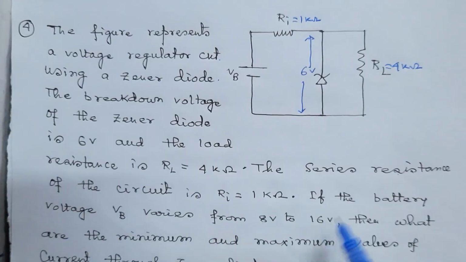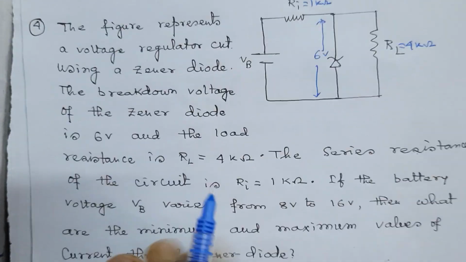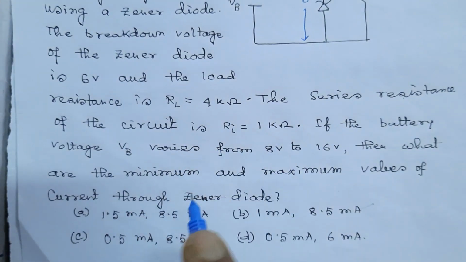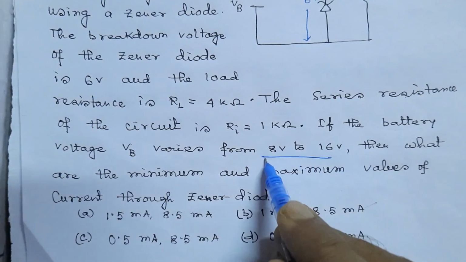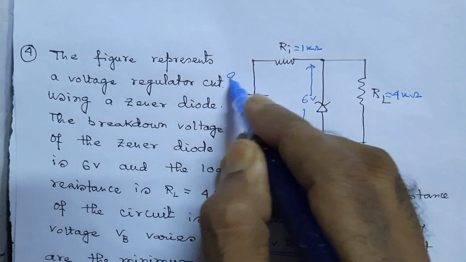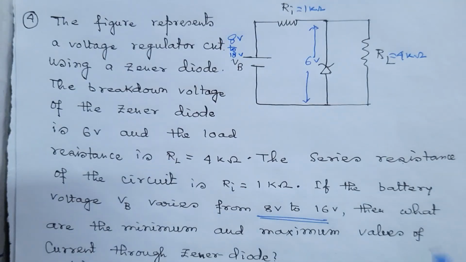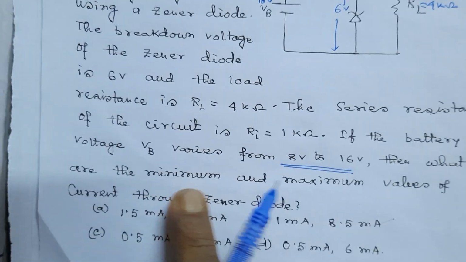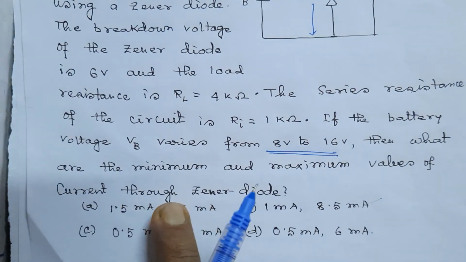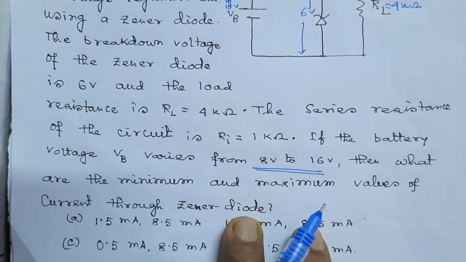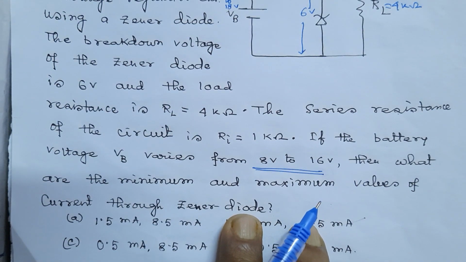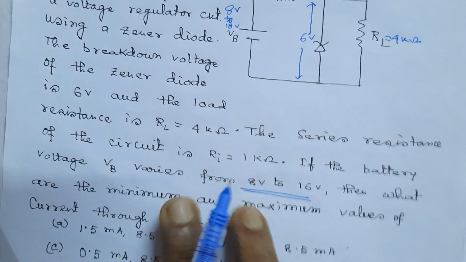If the battery voltage VB varies from 8 volt to 16 volt, what are the minimum and maximum values of current through the Zener diode? Then we have to calculate the minimum and maximum values of current through the Zener diode.